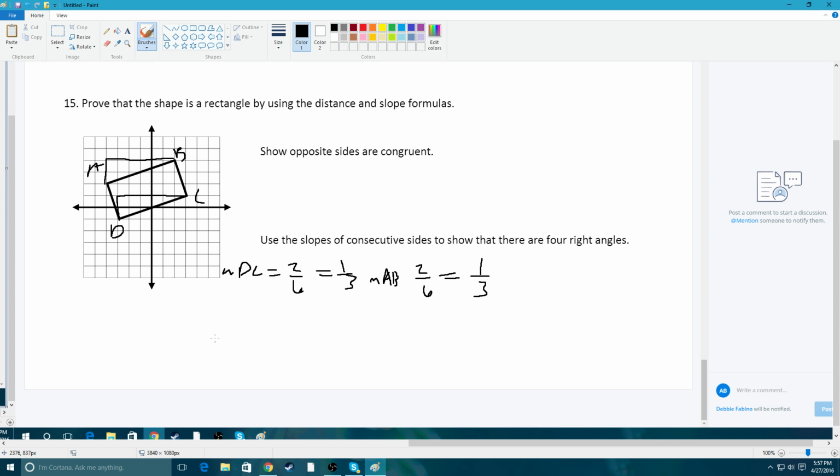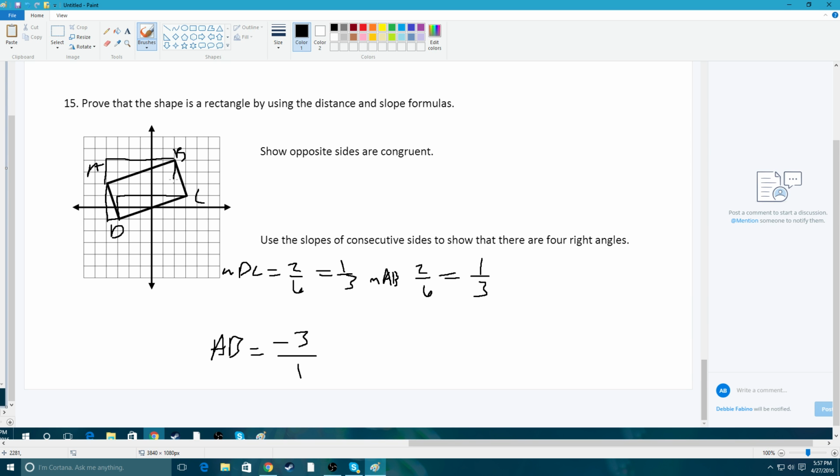Okay, the slope of A to D, that's down 1, 2, 3, right 1. So down 3, since it's a negative rise, it goes on top, 1 on the bottom.